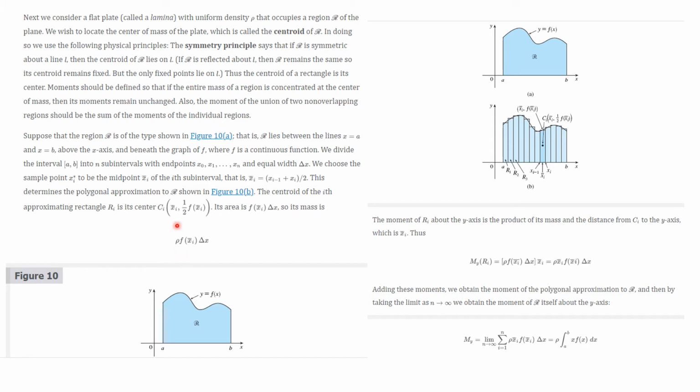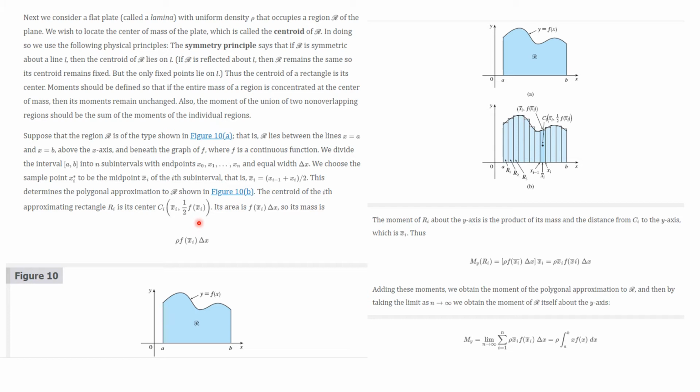So if we set up the rectangles like the Riemann sum, that shows that the centroid of the ith approximating rectangle is at its center, which is x bar sub i, and then it is 1/2 f of x bar sub i. Again, it's easy to do the calculation for a rectangle.